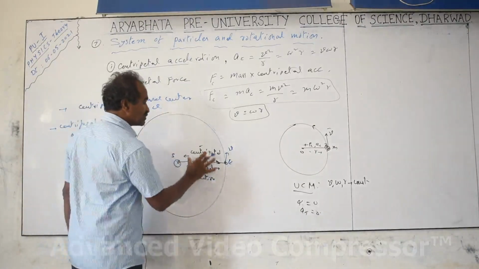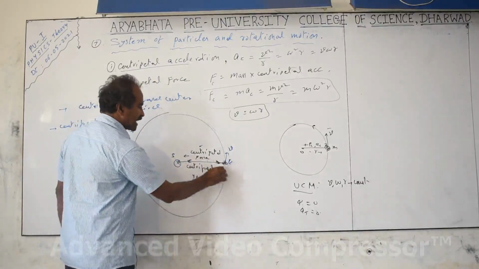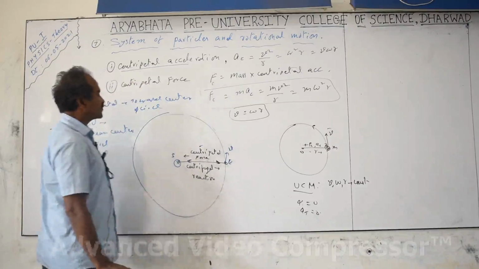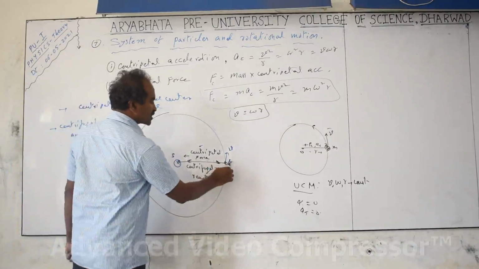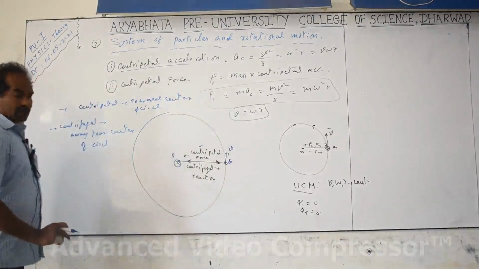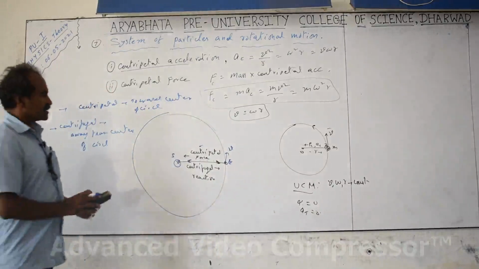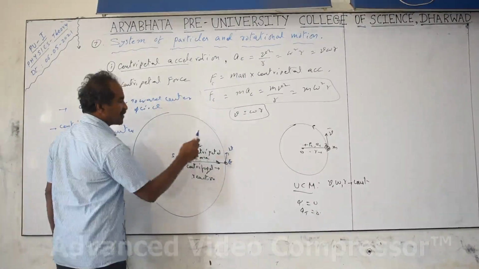Both are experiencing a force, equal and opposite, and they cancel because they act along the same line of action. Action and reaction forces cancel, hence there is no resultant motion along this line. But due to inertia of direction, the planets continue to move in a circular path. So the sun experiences centrifugal reaction, whereas the earth experiences centripetal force.